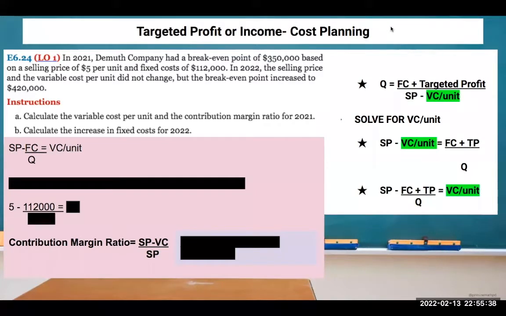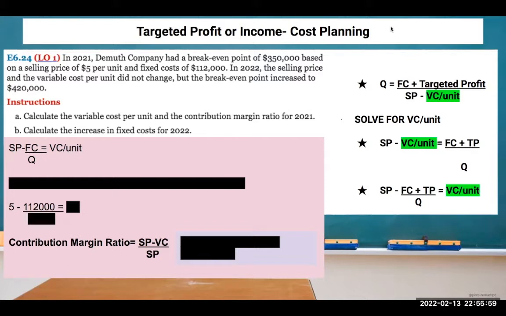In 2022, the selling price and the variable cost per unit did not change, but the break-even point increased to $420,000. Part A is asking us to calculate the variable cost per unit and the contribution margin ratio for 2021.